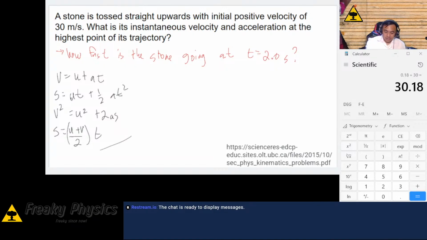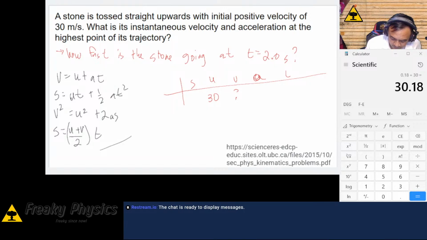Just organize the information into the SUVAT table to see that. So u is 30, and we're looking for v.